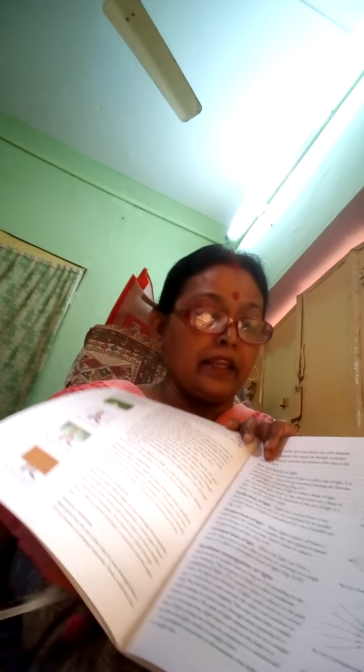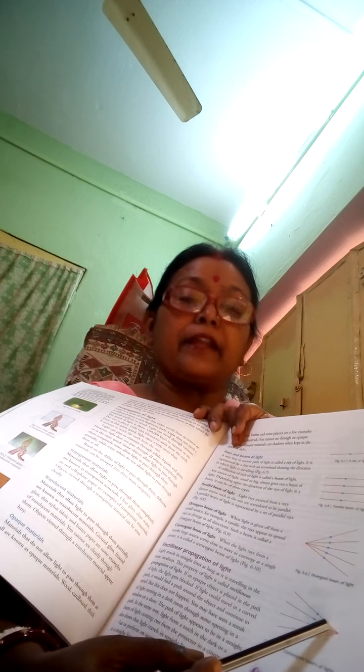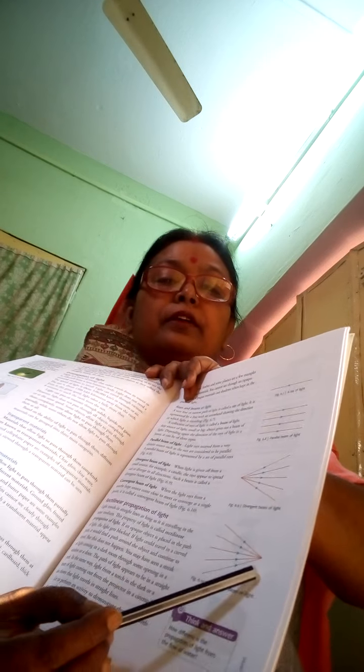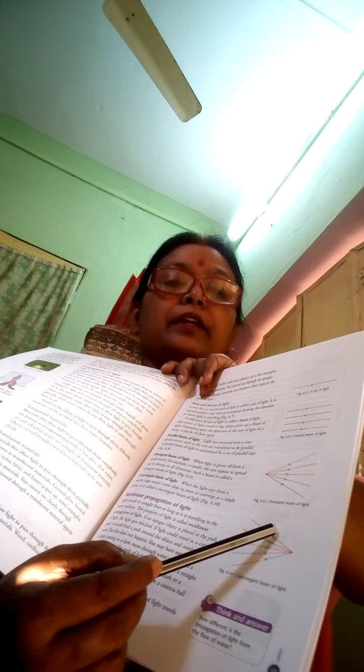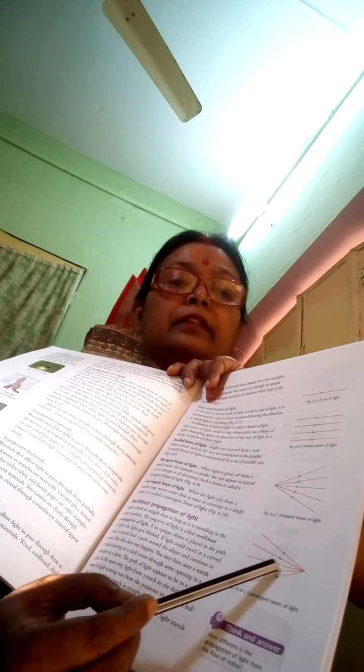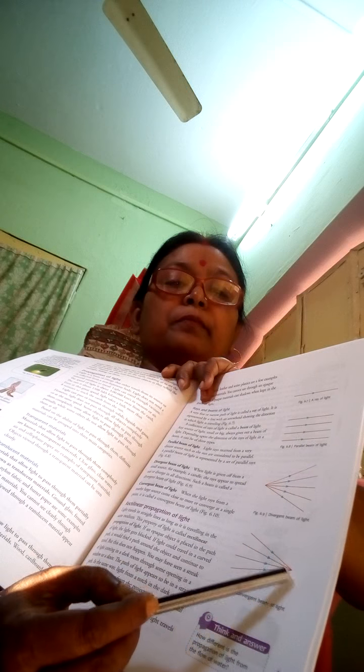So already we learned the parallel beam and the divergent beam of light. Now the convergent beam of light. Convergent beam means the light comes from different directions and meets at a single point. That is known as a convergent beam of light.